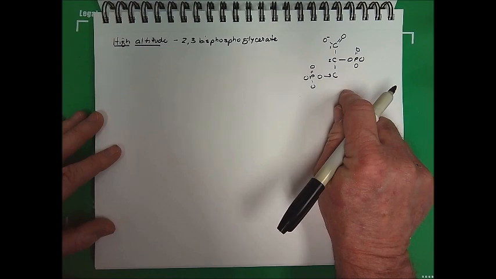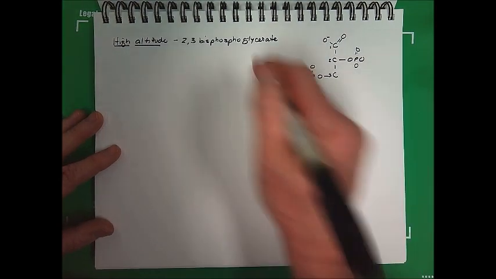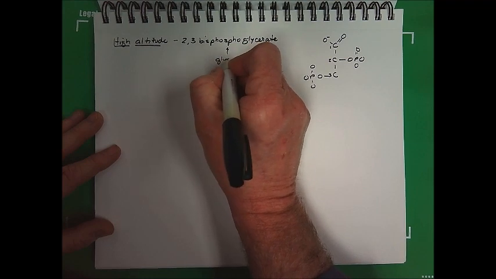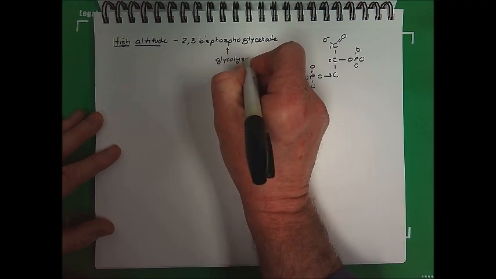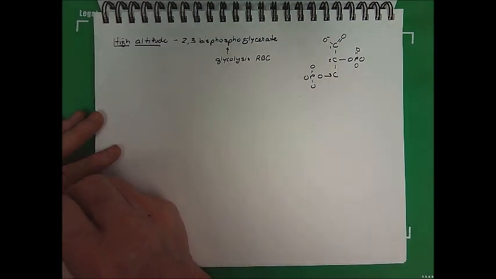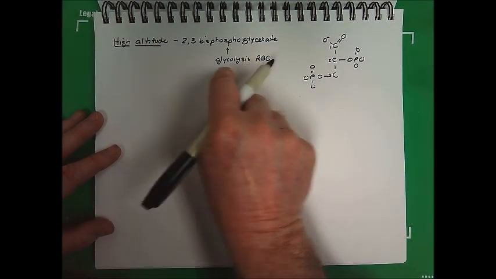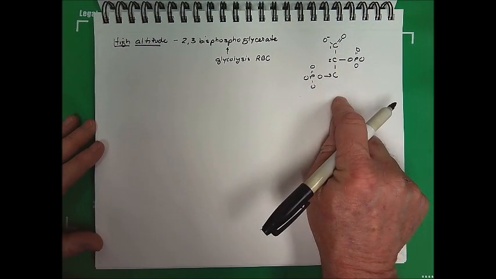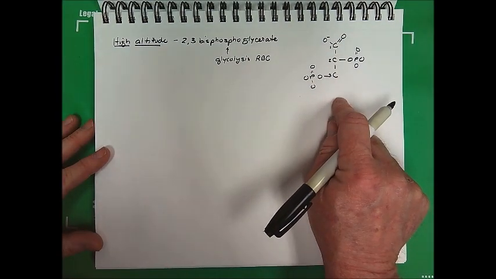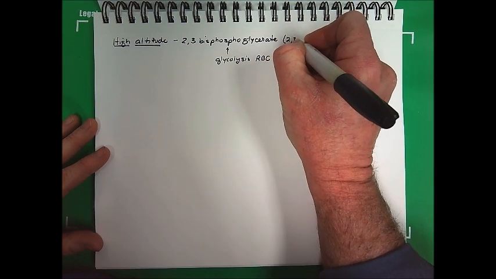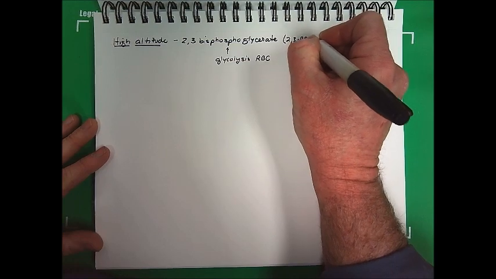This is 2,3-bisphosphoglycerate. This is a side reaction from glycolysis in red blood cells. So we are going to be examining this reaction when we talk about glycolysis. But for now, just recall this structure of 2,3-bisphosphoglycerate, also abbreviated 2,3-BPG.